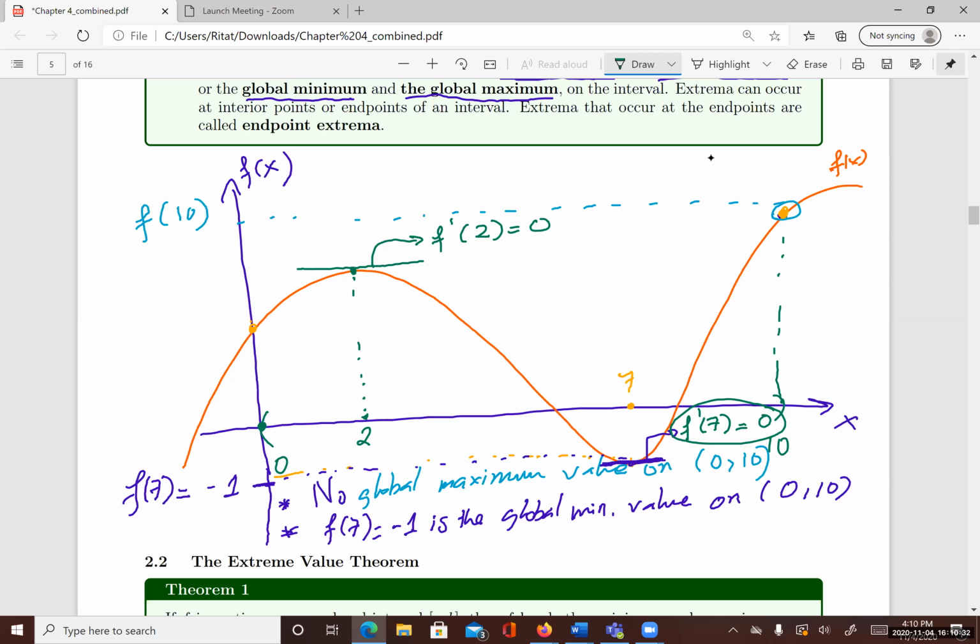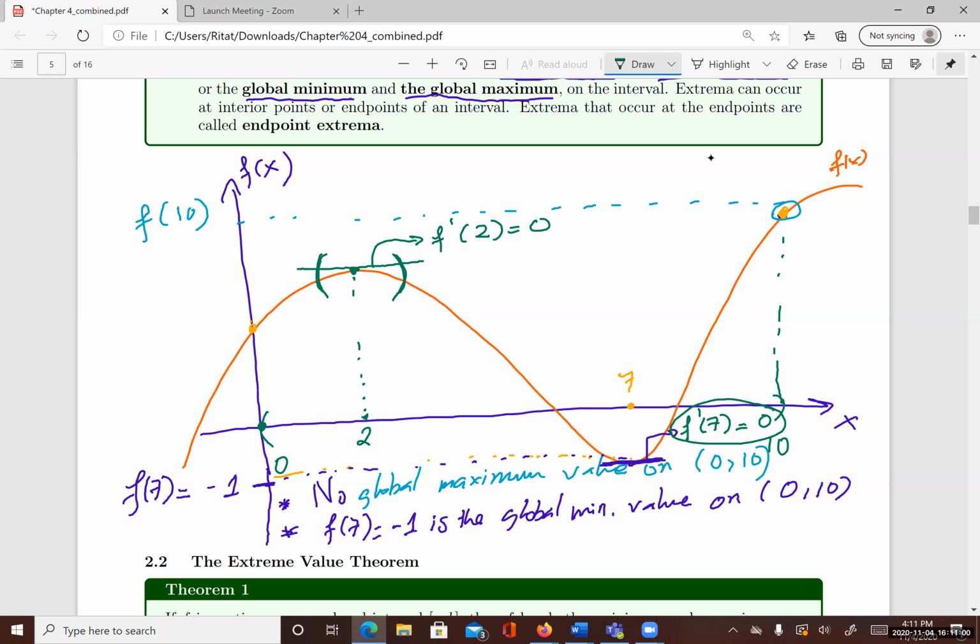So you look at this point right here, it's not the absolute maximum of the function on the interval from 0 to 10. However, it achieves a maximum point in a small interval.